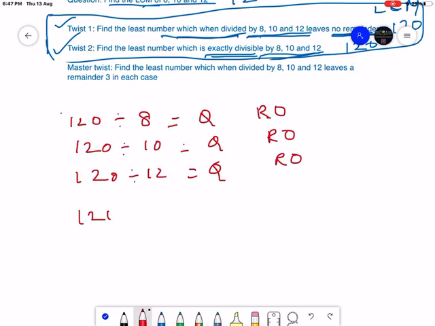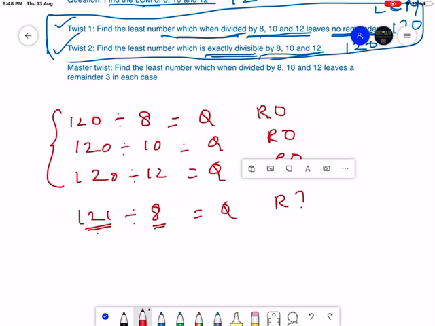Now let us think about what do you know about 121. With these things in mind, can we see what will be the remainder if 121 is divided by 8? What can be the remainder? 121 is 1 more than 120, right?